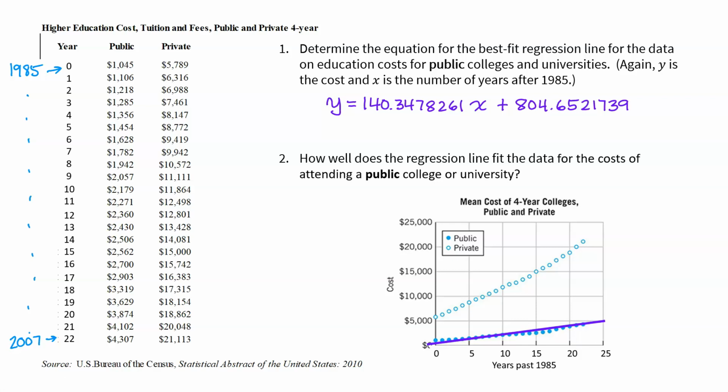But another measure of how well it fits is this r value, which we saw was 0.9768, and so on. It's on your calculator as r, and a lot of textbooks will call it r. Your book calls it CC. It's for the correlation coefficient. And basically, the correlation coefficient is a measure of how close to linear the data is fitting and how well this regression line fits that data.